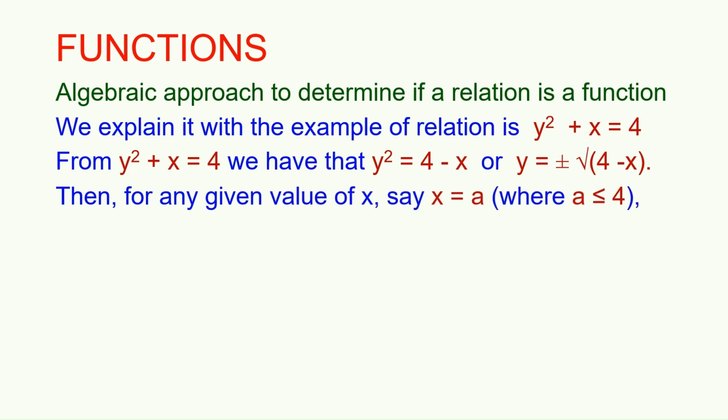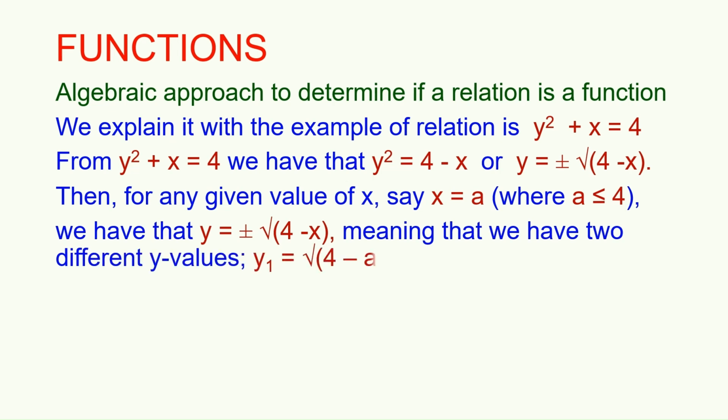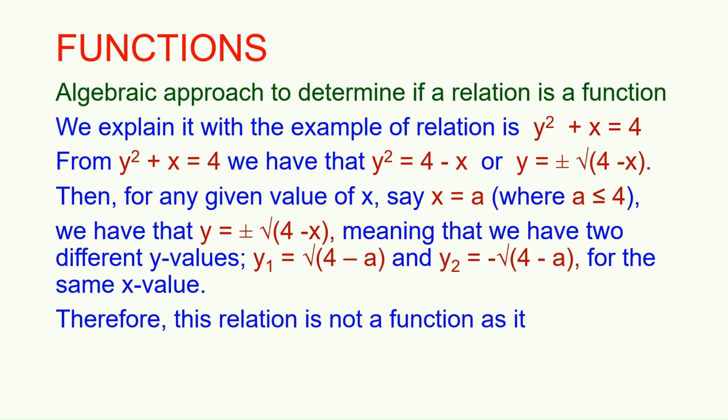Then, for any given value of x, say x equals a, where a is less than or equal to 4, we have two different y values: y1 equals the square root of 4 minus a, and y2 equals minus the square root of 4 minus a, for the same x value. Therefore, this relation is not a function as it is a one-to-many relation.